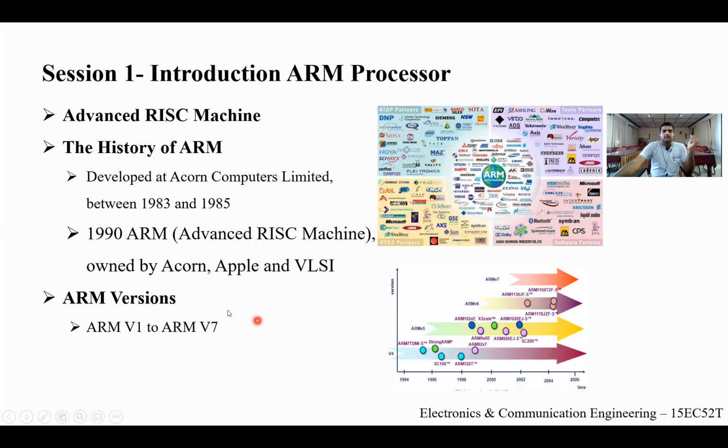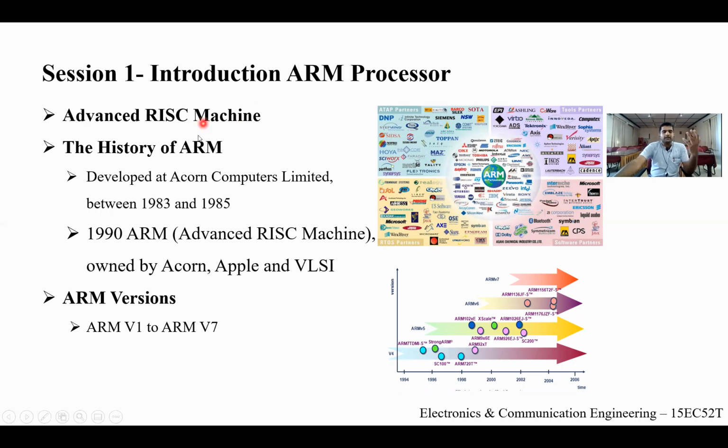So we can recall the first session to 10th session one by one in a short way. In session 1, the topic is Introduction to ARM processor. So we studied Advanced RISC Machine. The full form of ARM is Advanced RISC Machine.